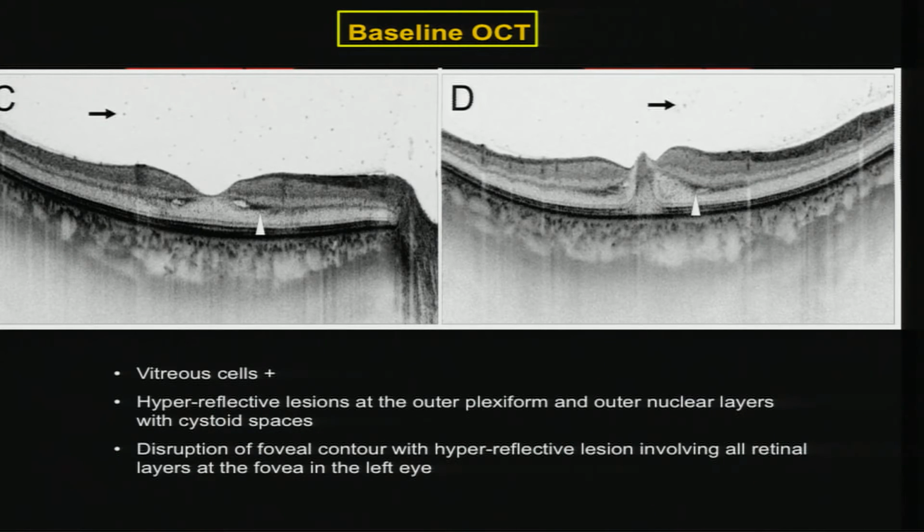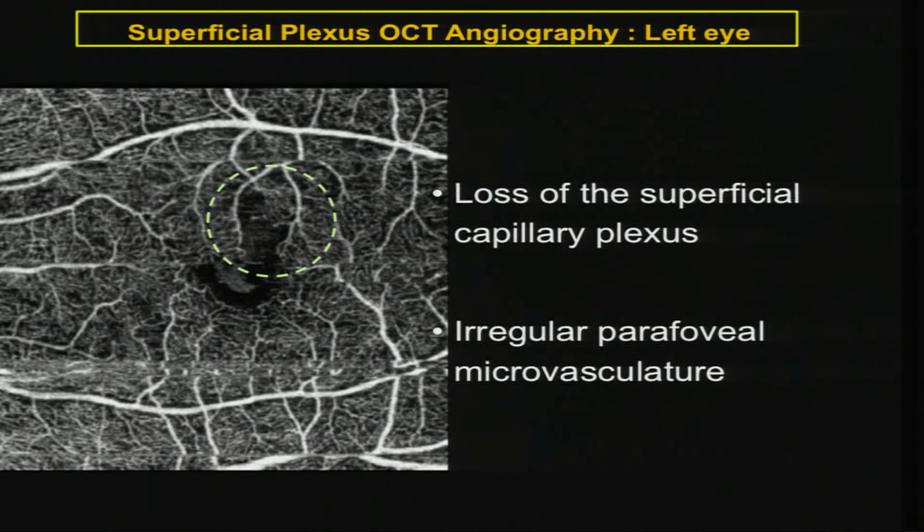Now, these are the findings which are very typically seen in patients with dengue. The patient did not come to us with history of dengue fever. He came with herpes zoster, so we were looking for herpes. But honestly, when we looked at the OCT, we said, oh, it looks like dengue maculopathy. We did the OCT Angio.